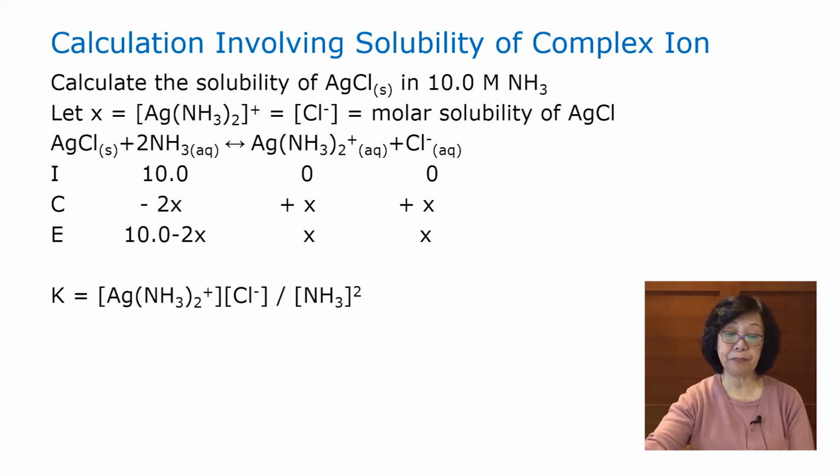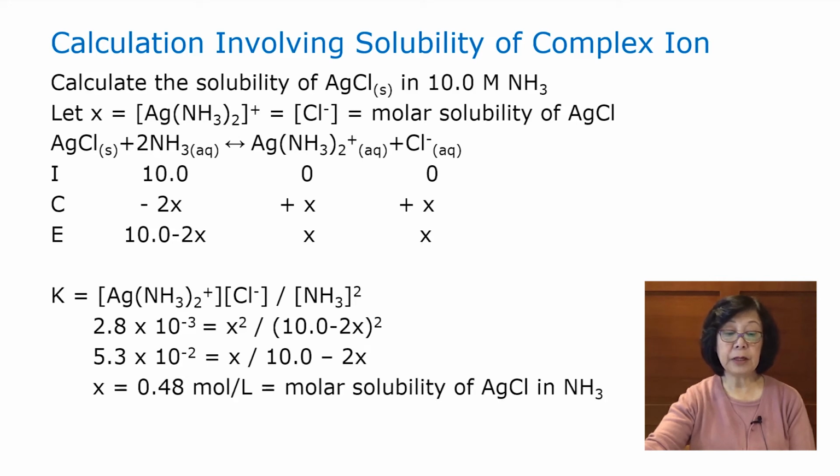Now we set up the K equilibrium expression by having the product over the reactant, and ammonia we have to raise it to the power of 2. And then we let it be equal to 2.8 times 10 to the minus 3, the number that we calculated from the last slide, equal to x squared over 10 minus 2x raised to the power 2. So finally, X is solved as 0.48 mole per liter.